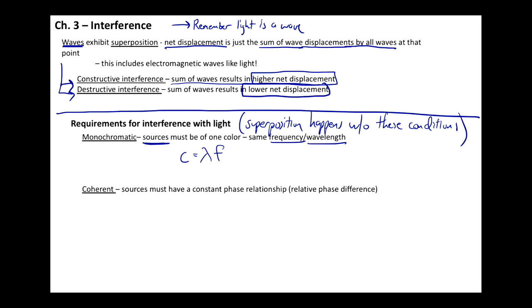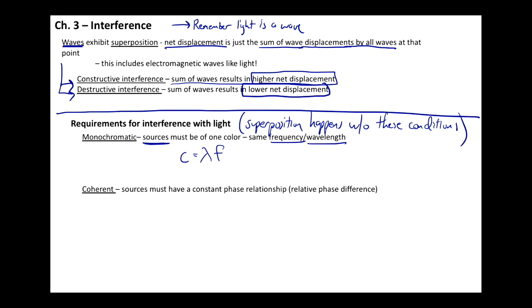So we want to be able to observe constructive and destructive interference of light waves. For that to happen, I need to put these requirements on it. However, if I have 2 sources of light of any type, whether it's that light bulb and this light bulb, which don't meet these 2 requirements, still their waves are interacting in such a way that the wave displacements add and subtract when they hit the same point. That always happens no matter what.